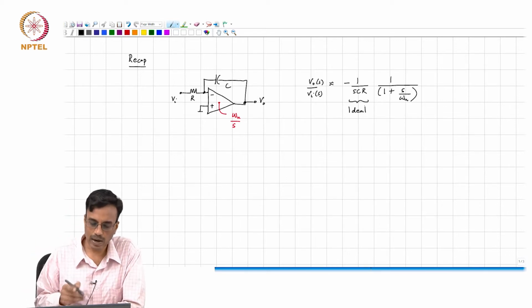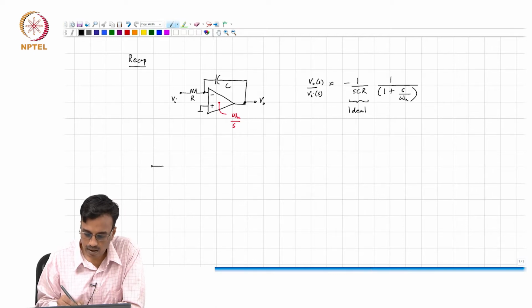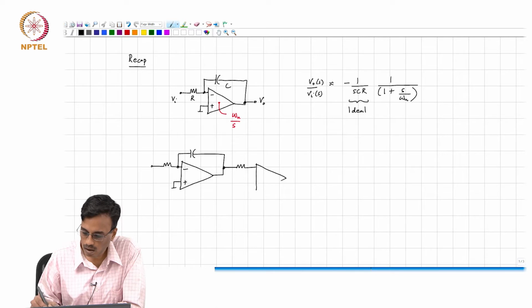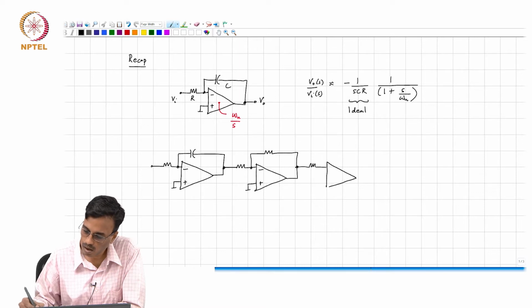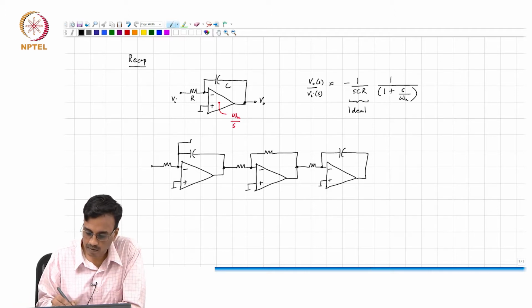And remember that the biquad consists of integrate, invert, integrate, and this is a damping resistor.